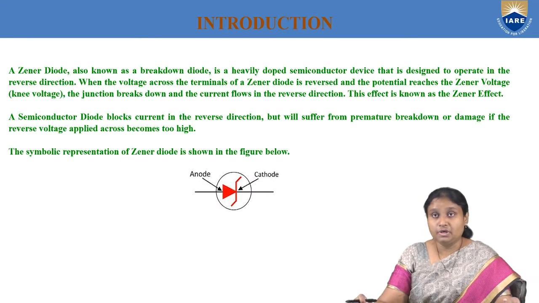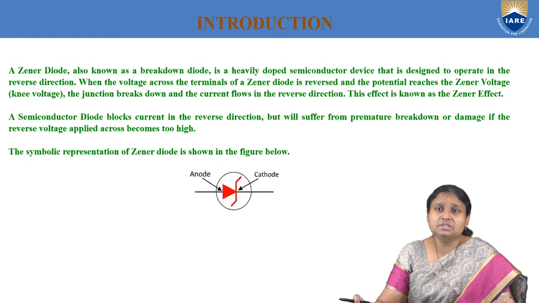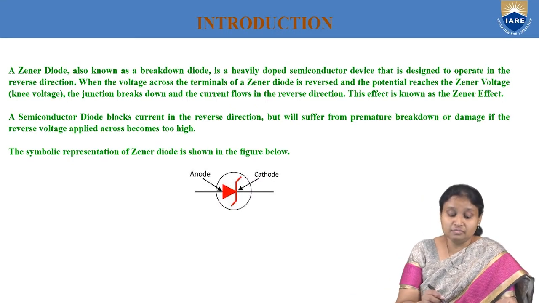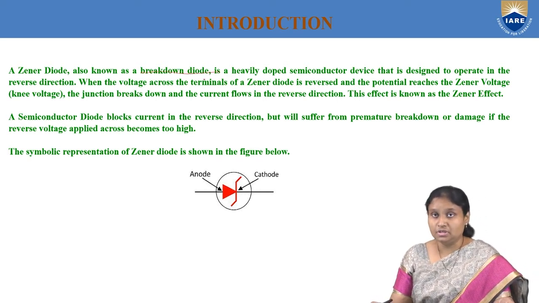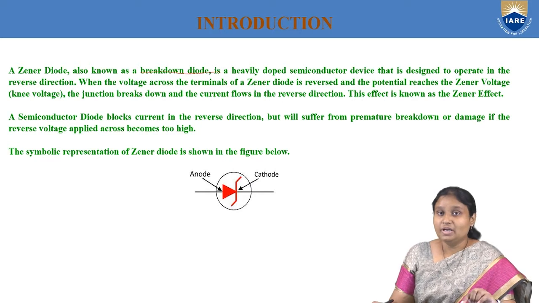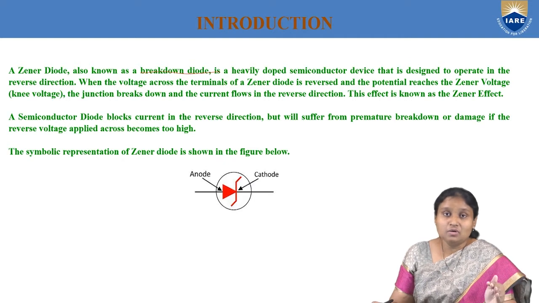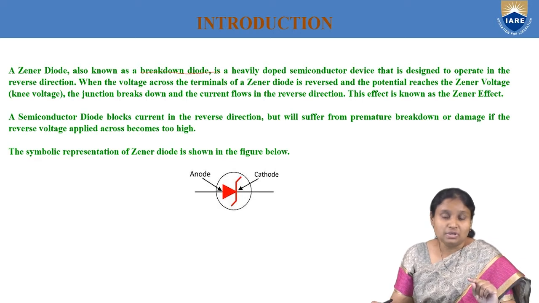Now, first, we are going to take an introduction to the Zener diode. What is the other name of the Zener diode? The Zener diode is also called a breakdown diode. Why is it called a breakdown diode? Because generally, in our normal diode, when we apply a reverse voltage, there exists one particular voltage at which breakdown of the junction takes place.